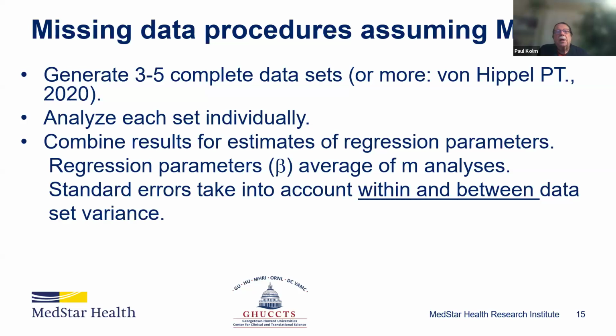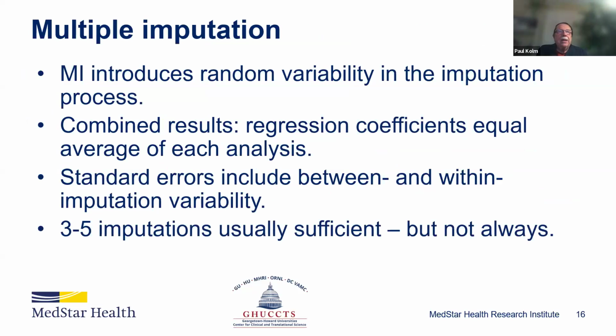If we need to take into account variance in computing standard errors, then it's a little more complicated because we need to take into account both the within variance of each data set and then the variance between the data sets, because the multiple imputation procedure introduces random variability.